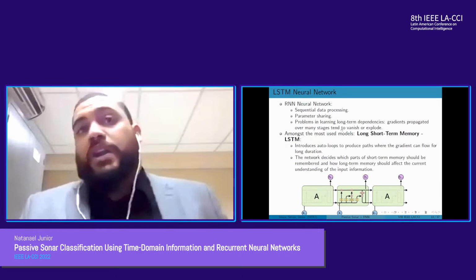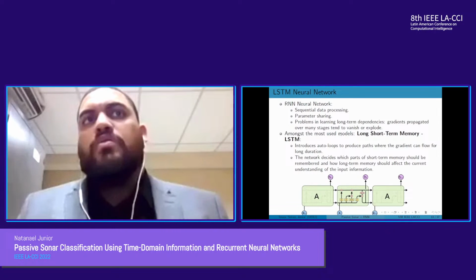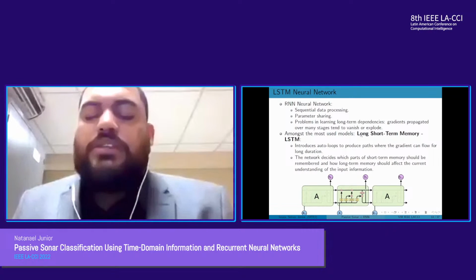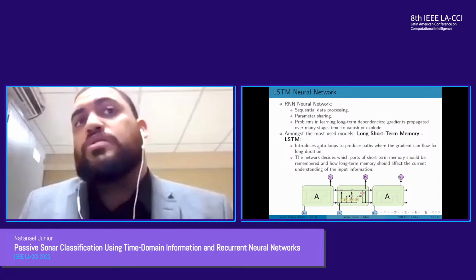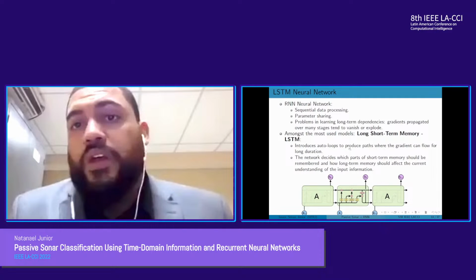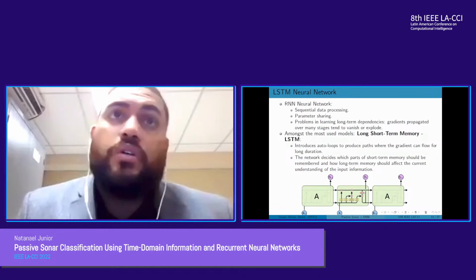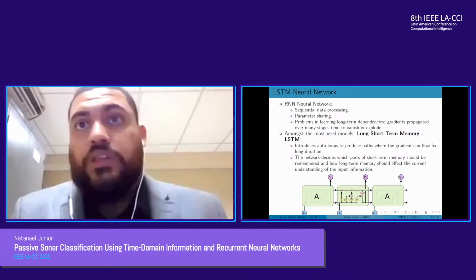So what is the recurrent neural network model that we use here? As I already said, long short-term memory, the LSTM, which introduces self-loops to produce paths where the gradient can flow, and this gradient will not explode or vanish through time. So this model is very common and has a lot of applications in the area.